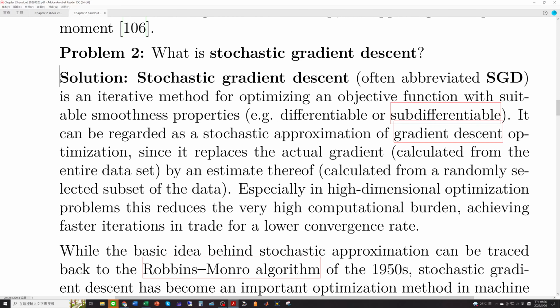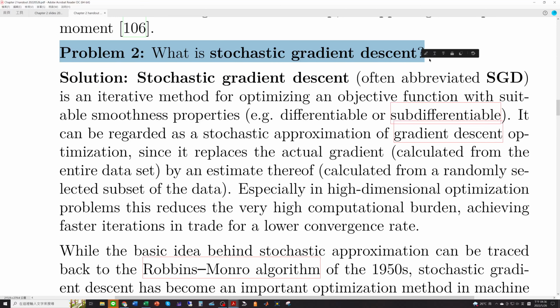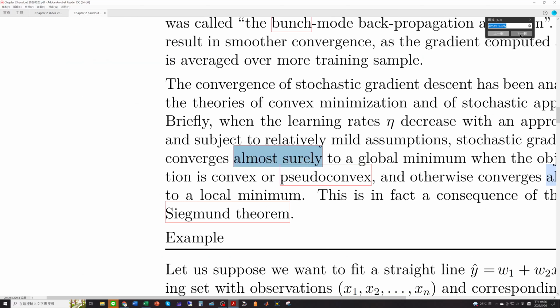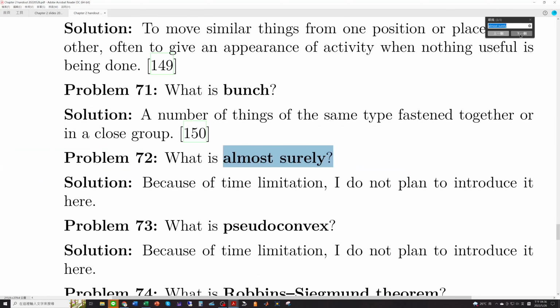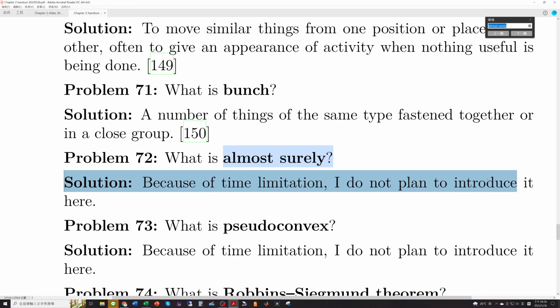It is also in the solution to problem 2. What is stochastic gradient descent? Let us go back to the problem about almost surely. Solution. Because of time limitation, I do not plan to introduce it here.